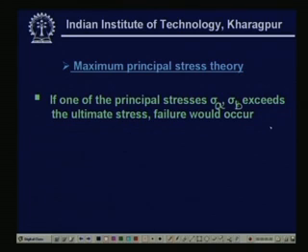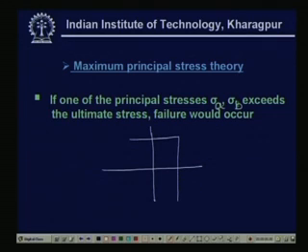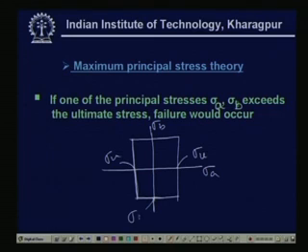Now, if we consider this theory, it simply gives you the limiting zone in sigma A, sigma B. This point is sigma ultimate, this is sigma ultimate as usual, and this is also sigma ultimate.